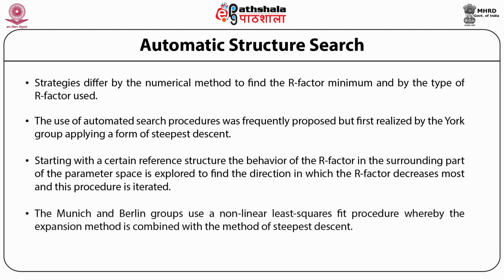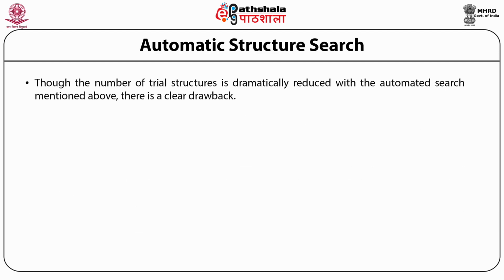The Munich and Berlin group use a non-linear least square fit procedure whereby the expansion method is combined with the method of steepest descent. Through this, the number of trial structures is dramatically reduced with the automated search mentioned above.